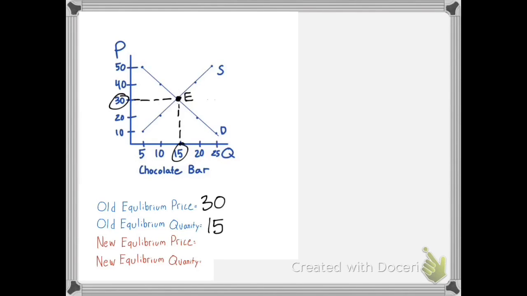And now suppose there's a new quota that restricts us from sending out, in this case, chocolate to foreign countries, which would decrease our supply, because now we can't sell to the same people that we used to sell to.